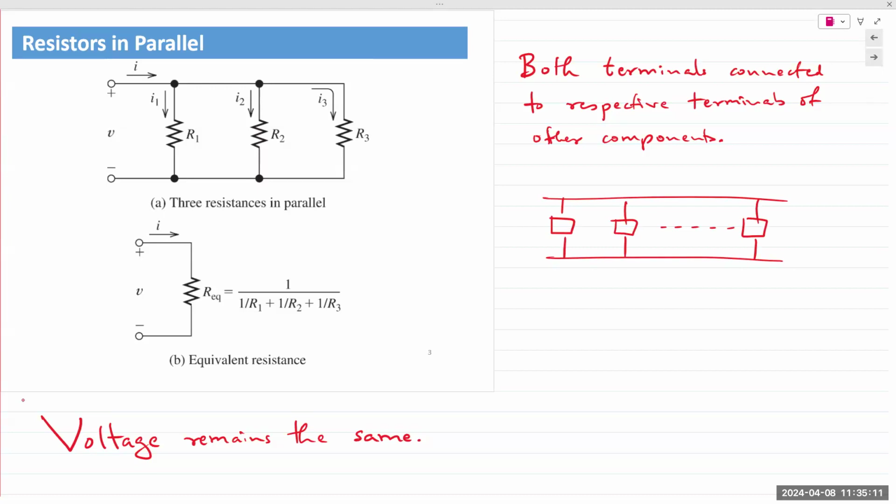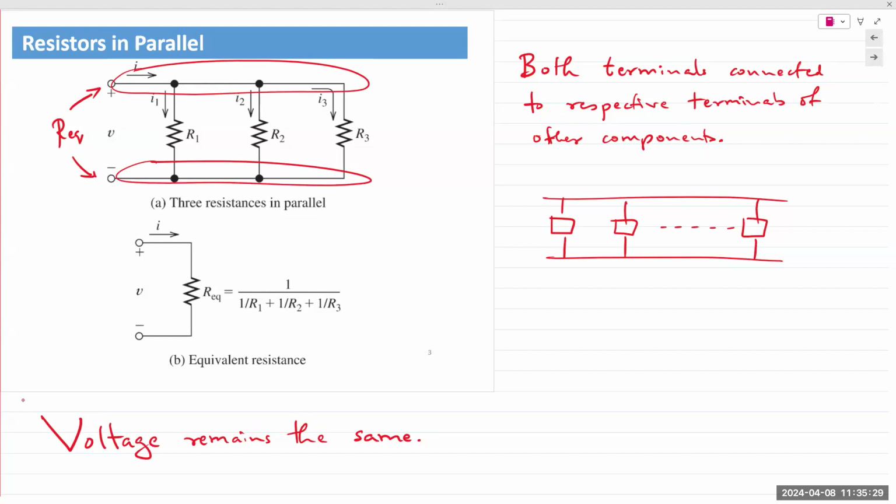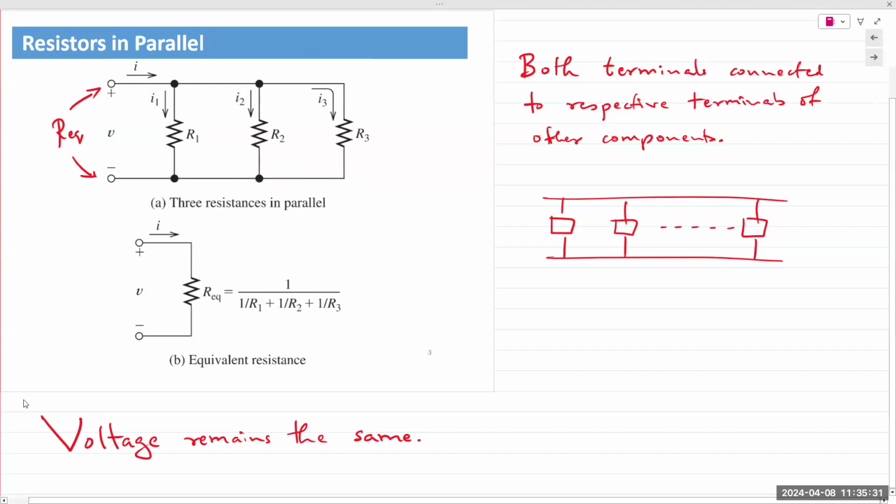So it doesn't matter where you actually measure the resistance. Here, we are stating that we measure Req on the left side of the circuit, but electrically speaking, these two are exactly the same. Okay, so you could measure Req here across R1, or you could measure it across R2, or measure it across R3.